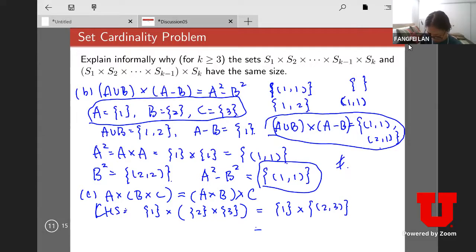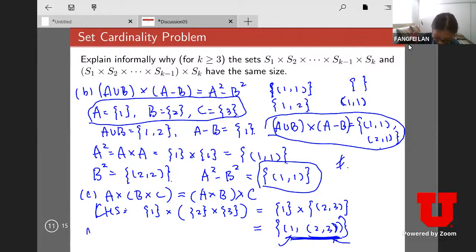So then A cross this would just be (1, (2, 3)), like this. So this is one element inside of the set. The first element of this is a number, and the second element is a tuple.